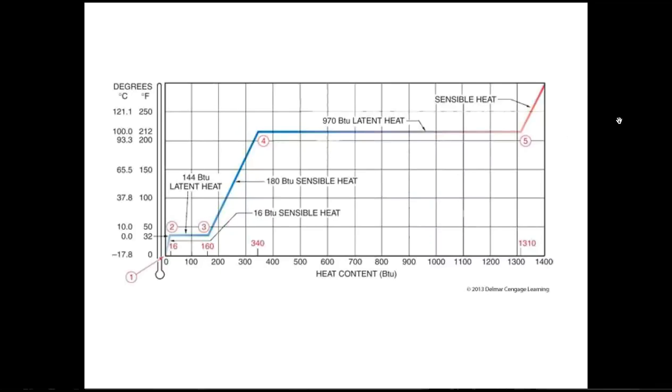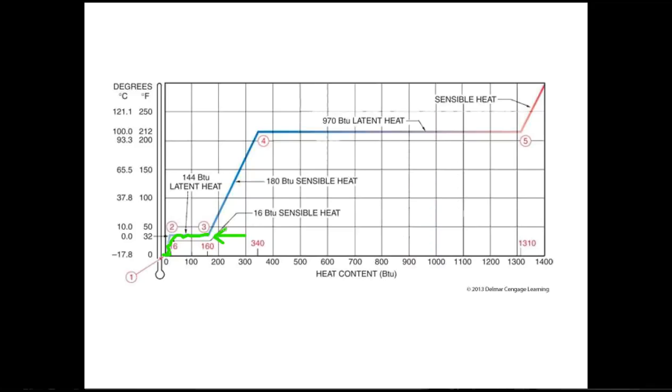All right, so here is the diagram from our textbook, and it starts out at the bottom of the graph with 0 degree ice. We're not going to worry much about this 0 degree ice until we hit 32 degree water at this point right here. Let's talk about this water.